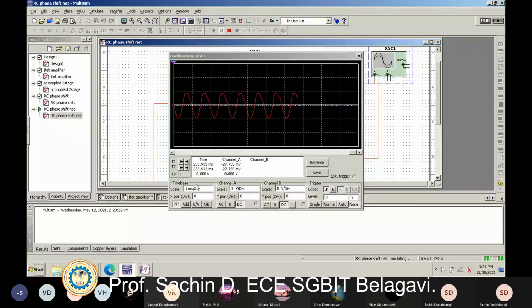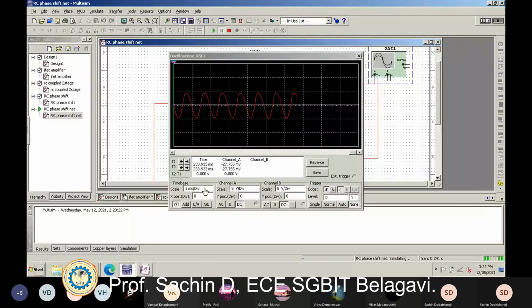You need to check along the x-axis. I'm not asking for peak to peak. X-axis is time. So one full cycle is covering one division, and the time per division is 1 millisecond. Frequency is 1 divided by time, so 1 millisecond gives 1 kilohertz.